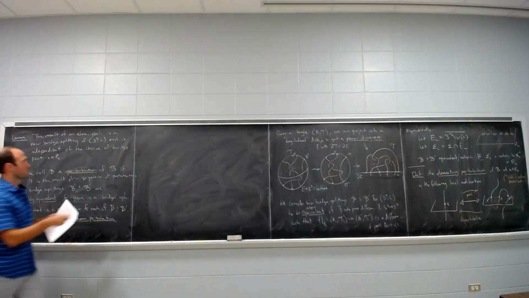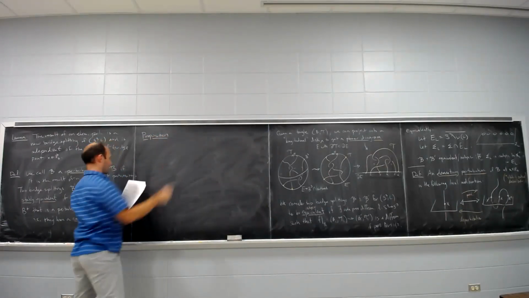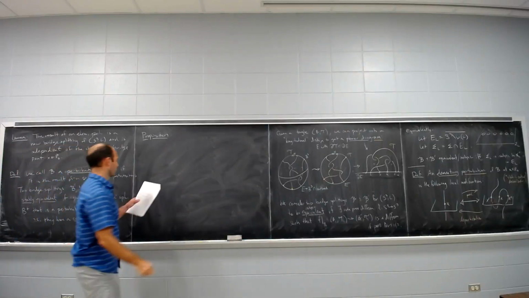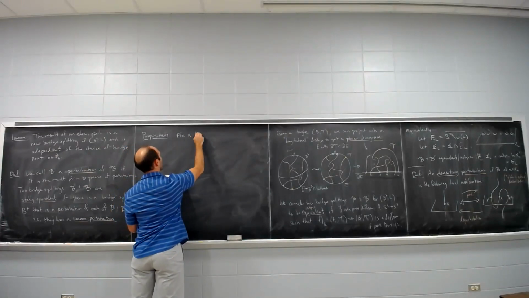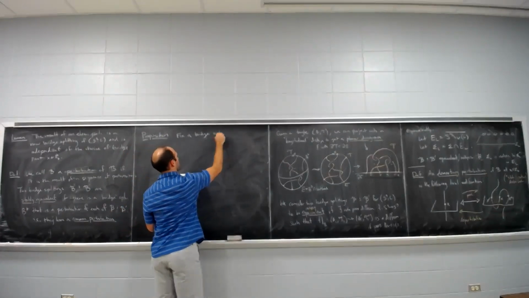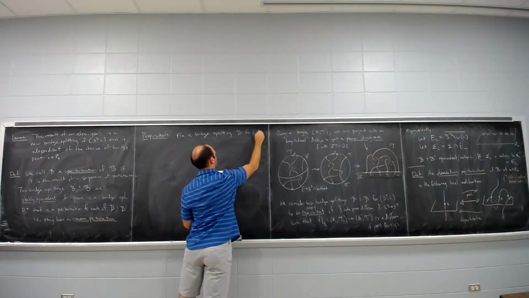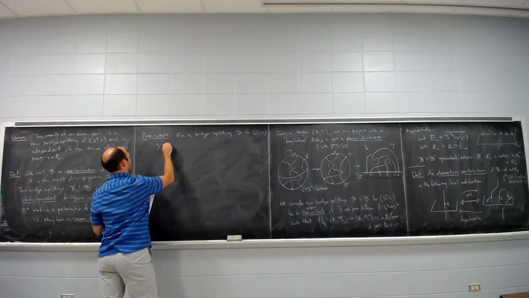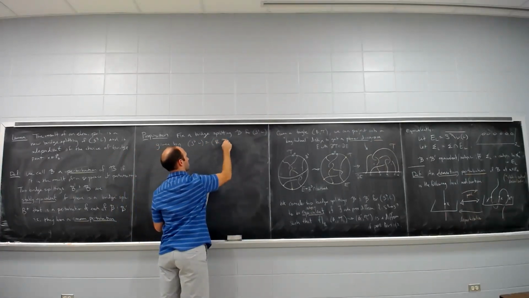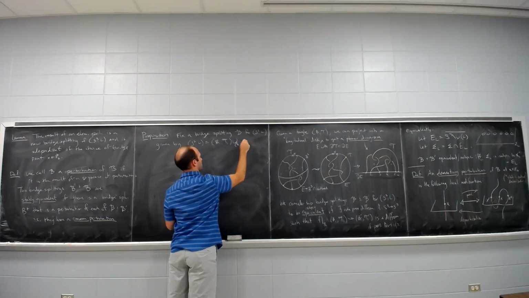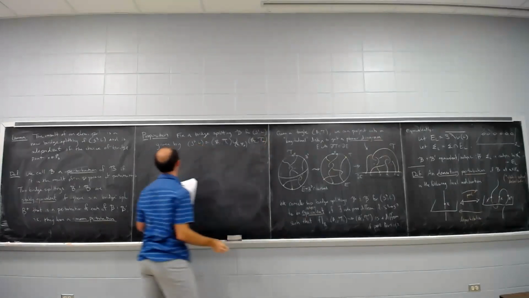Okay. So here's the proposition to get us going with some of this stuff. Fix a bridge splitting B for S3 L given by the decomposition S3 L equals B1 T1 union sigma union B2 T2.